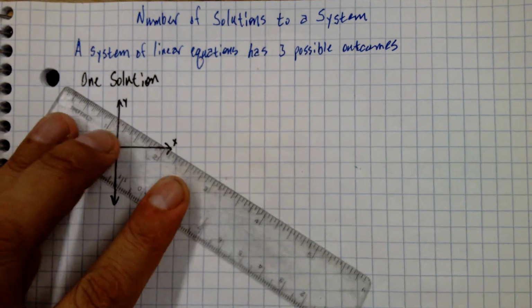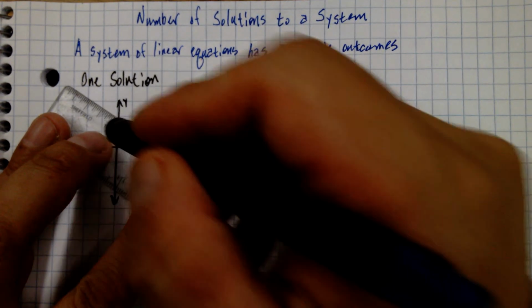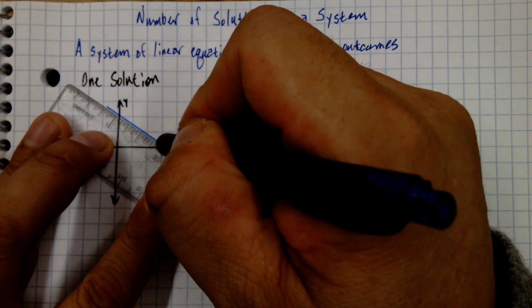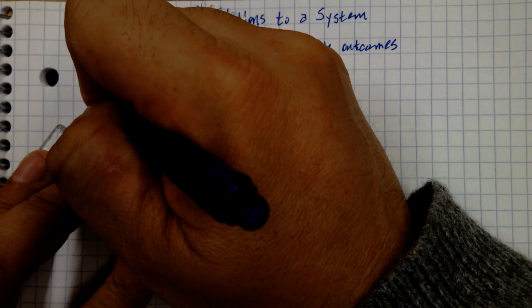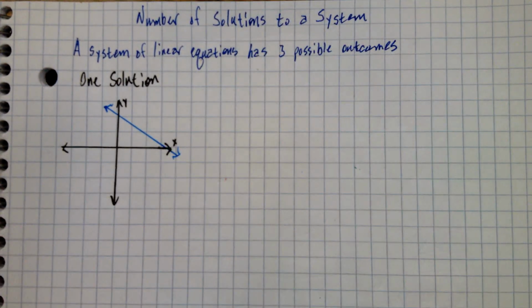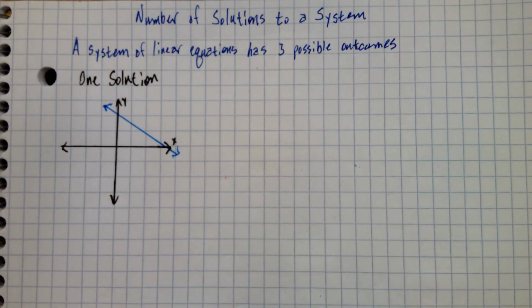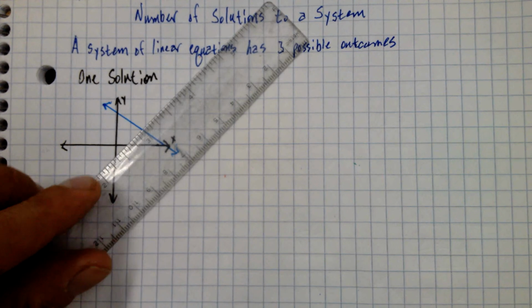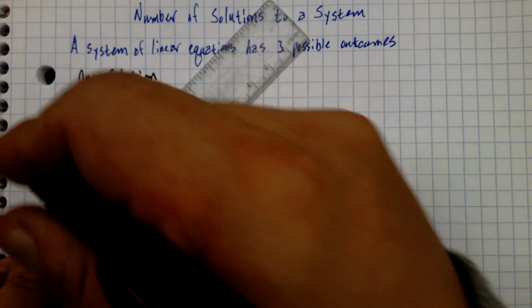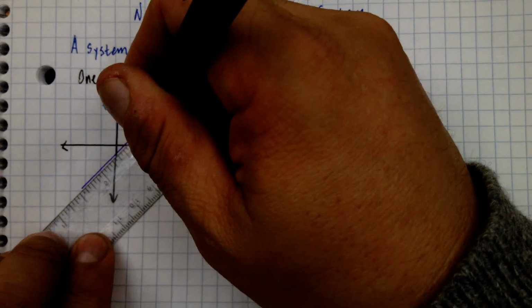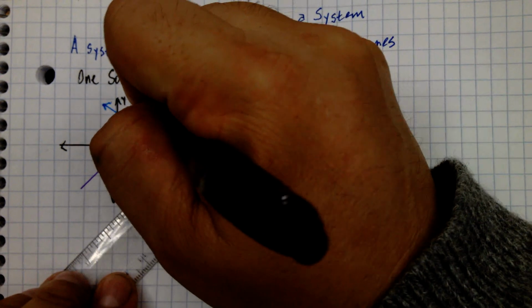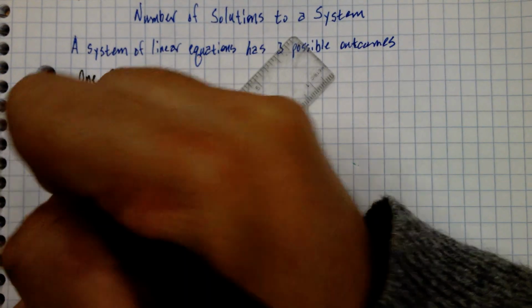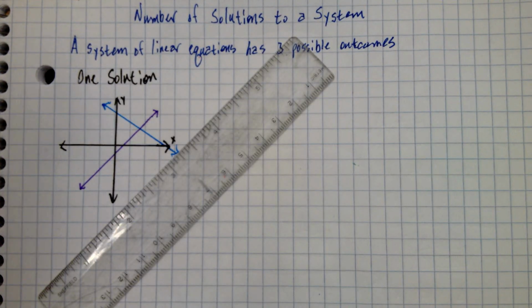You can have one line doing something like this, negative slope. And then say we have another line over here with a positive slope. And they just cross somewhere.